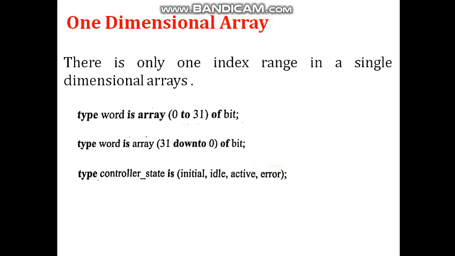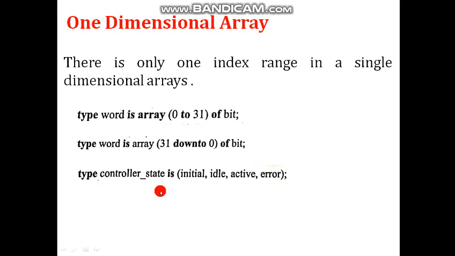We could then declare an array as type state_counts is array idle to error of natural. Here it covers initial, idle, active, error. We write that type state_counts is array idle to error of natural.